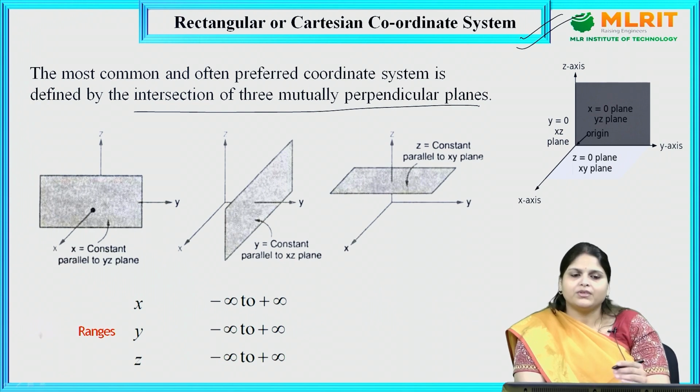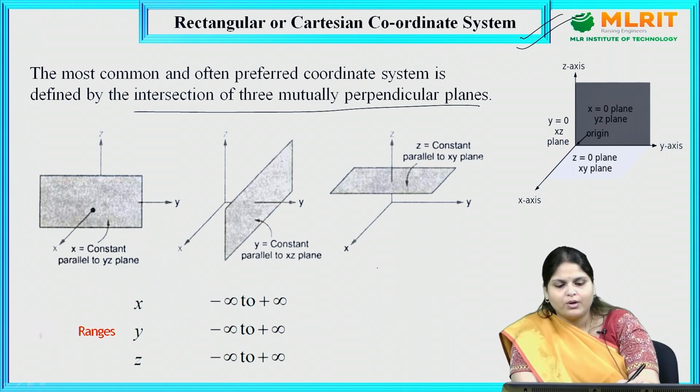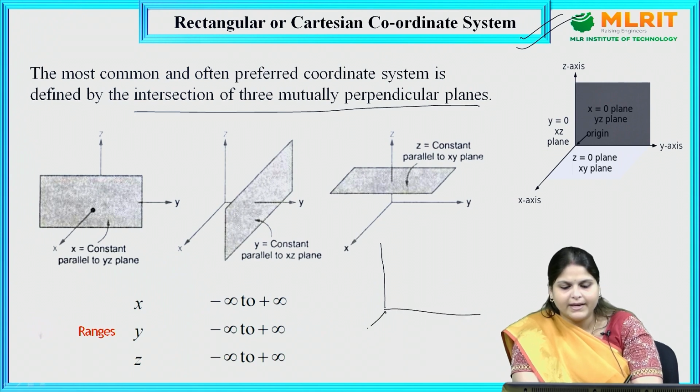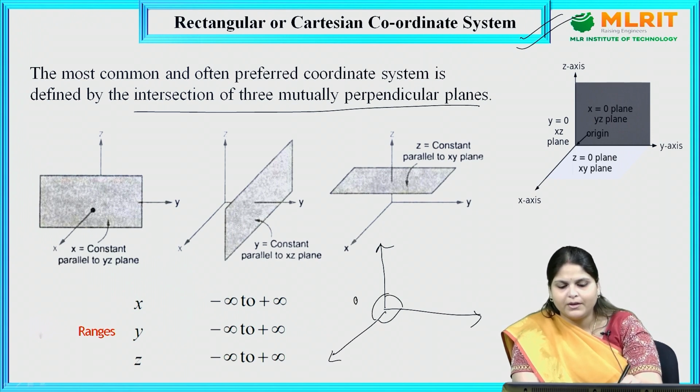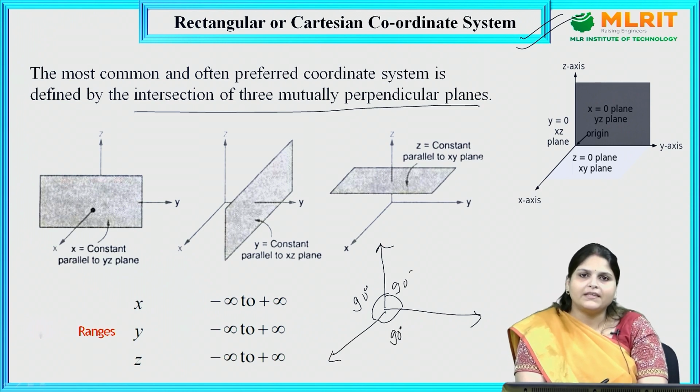Before going through the planes, first I would like to draw these three perpendicular axes where we are going to have these planes. If you see in this diagram, we have three axes which are perpendicular to each other. Perpendicular means they have an angular difference of 90 degrees.